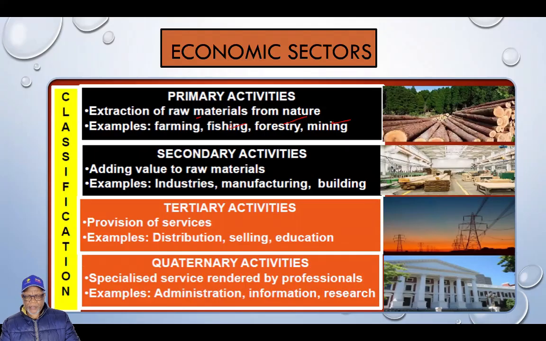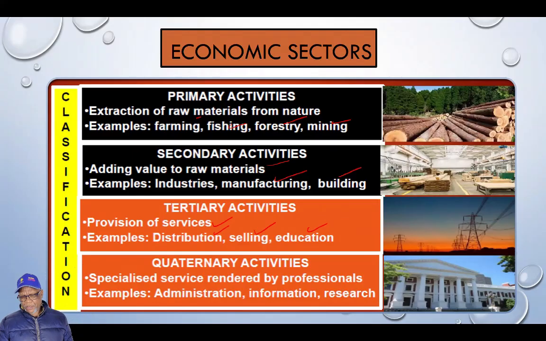Then we have the secondary sector, which is adding value to raw material, or simply manufacturing or building. And we have the tertiary sector, which is the provision of services. Examples: distribution, selling, education, medical services, and so many.